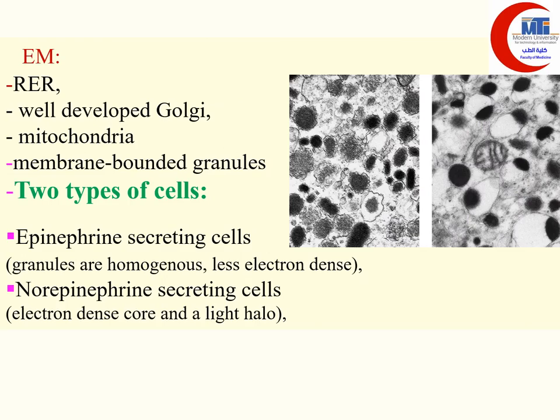By electron microscope, chromaffin cells show the picture of protein secreting cells. What is the picture of protein secreting cells? They must contain well-developed rough endoplasmic reticulum that synthesizes protein, well-developed Golgi apparatus that adds carbohydrate to protein and packages it, mitochondria that give energy to this process, and membrane-bounded granules that are secreted from the Golgi apparatus and contain the secretory product inside.